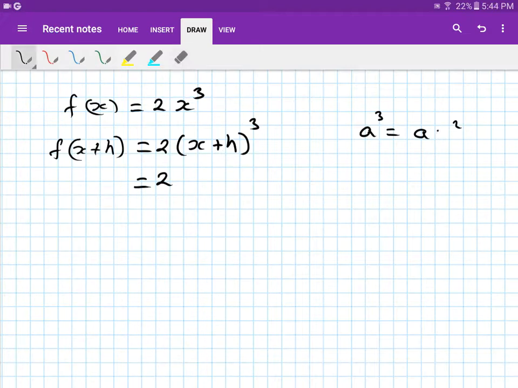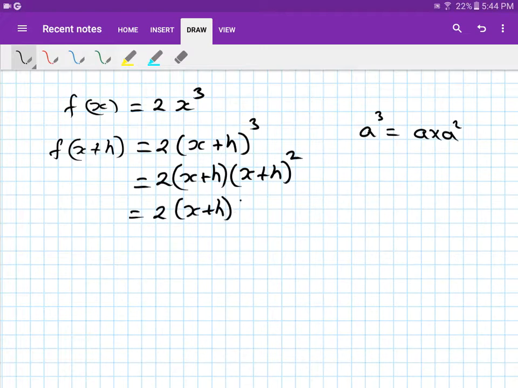Now a to the power of 3 is the same as a times a squared. So I just rewrite it like that: (x+h) times (x+h) squared. I expand the square out, which gives me x squared plus 2xh plus h squared. Then I'm going to expand further.